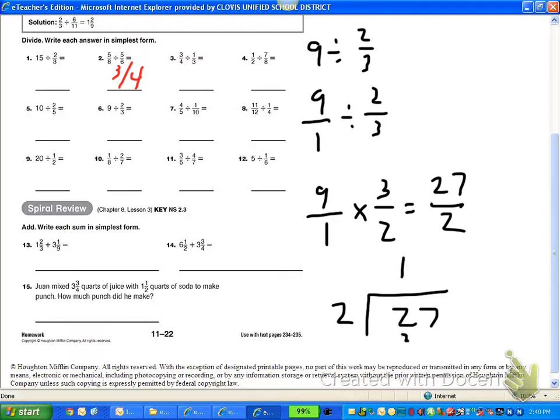Well, 2 goes into 2 one time, 2 minus 2 is 0. Bring down the 7. 2 goes into 7 three times. That should be a 1. So 13 and 1/2. So 13 1/2.